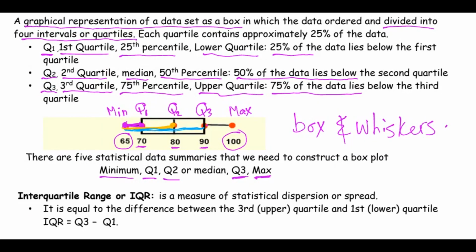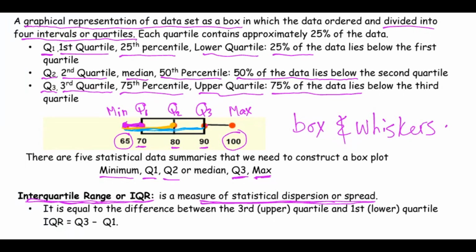One more thing we need to know before we move on to our first example is the interquartile range, or IQR. The interquartile range is another measure for the spread or the dispersion. We talked about two measures for the spread or dispersion.